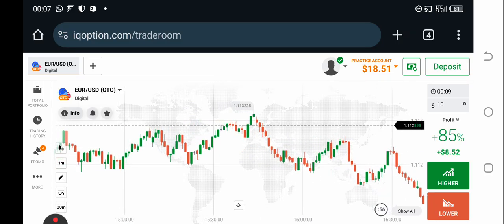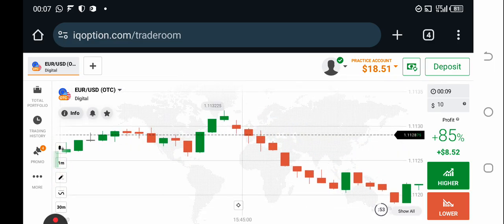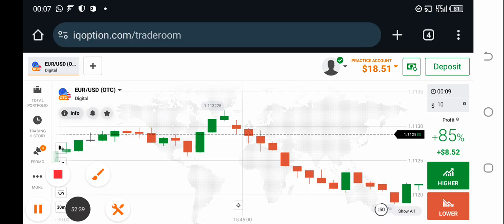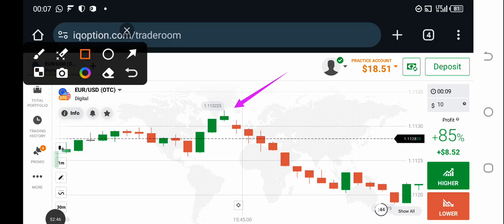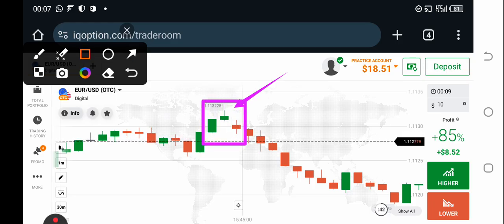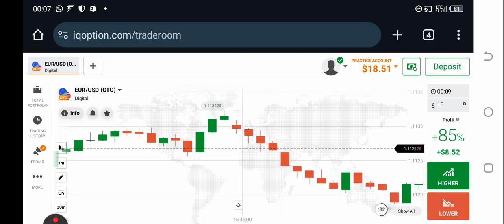I want to see if I can see a hanging man. So you can see these are also an inverted hammer candlestick, just like the previous one. This candle is an inverted hammer, but if we combine these two candles, we can look at it as an evening star pattern.